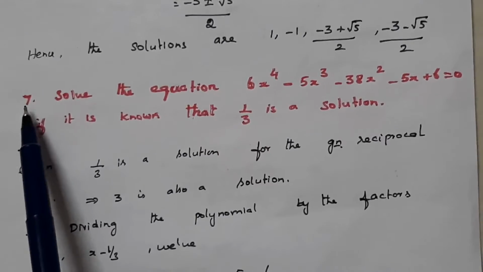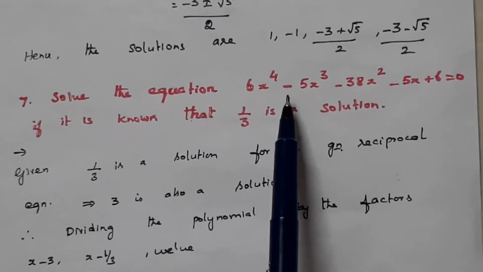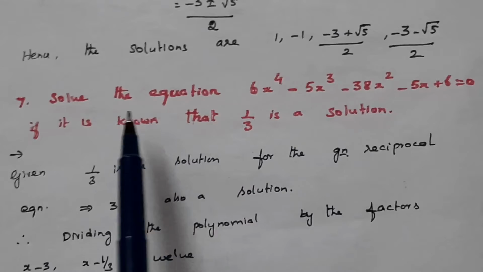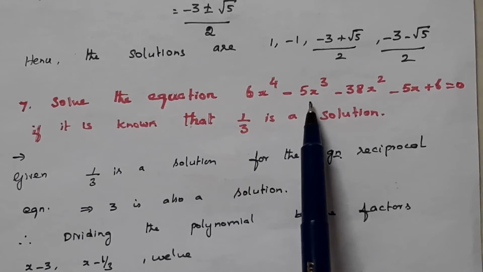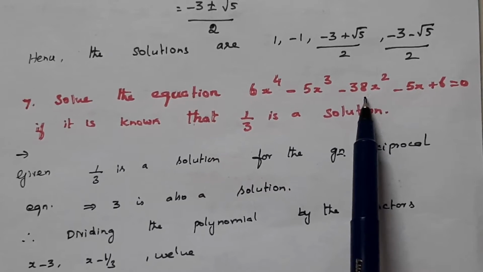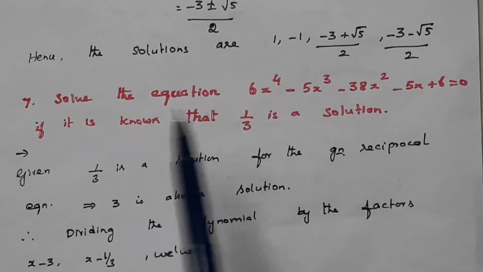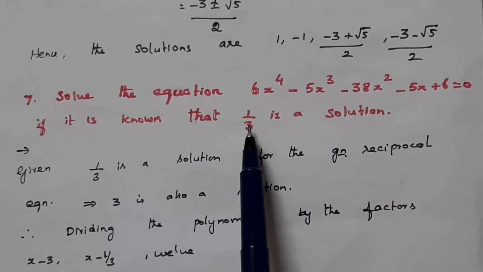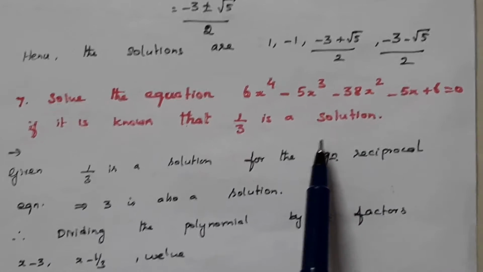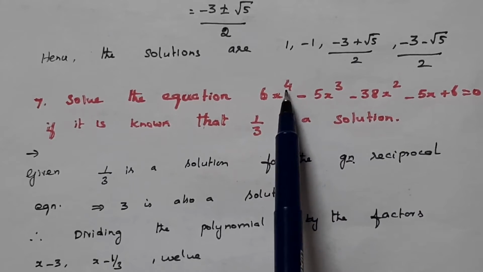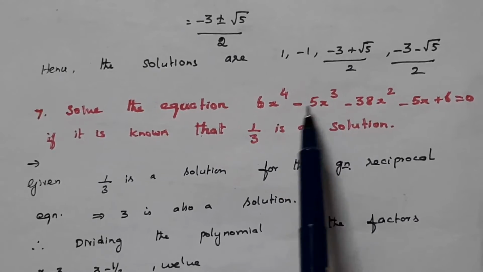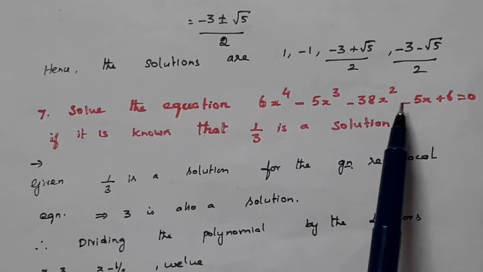Now, the seventh sum in that exercise also comes under reciprocal equation. So what is the seventh one? Solve the equation 6x power 4 minus 5x cube minus 38x squared minus 5x plus 6 is equal to 0, if it is known that 1 by 3 is a solution. Look at this. This is a reciprocal equation of even degree, and it is of type 1.